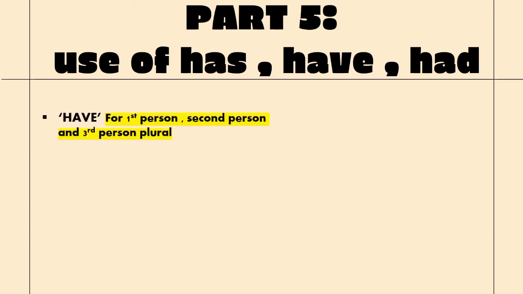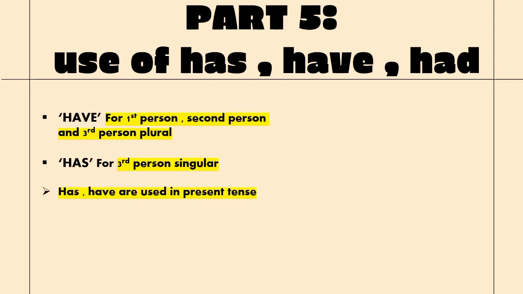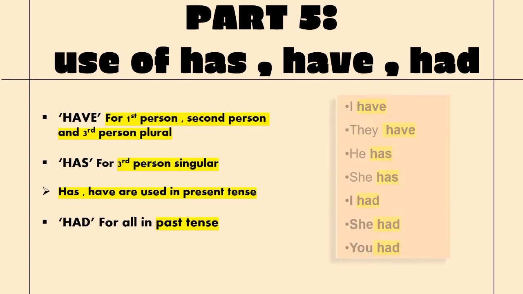So for simplicity we can remember that have is used for everything for which do is used, and has is used for everything for which does is used. So has is used for third person singular, while have is used for everything else, and they are used in present tenses, while had is used for all persons in past tense.